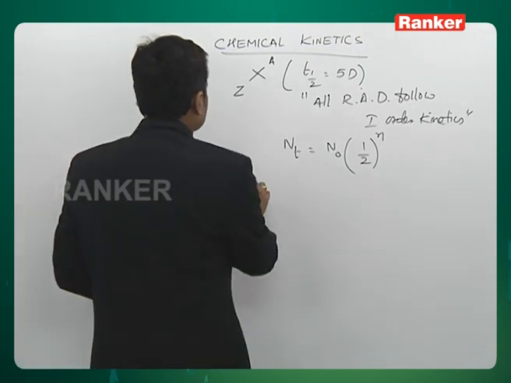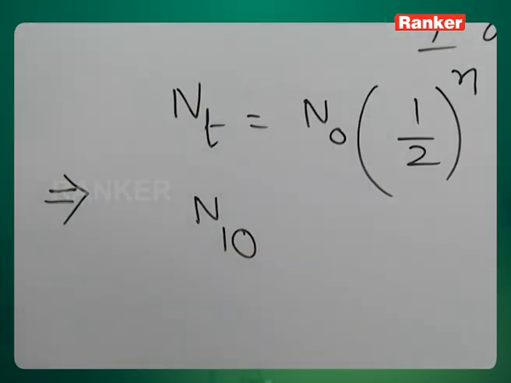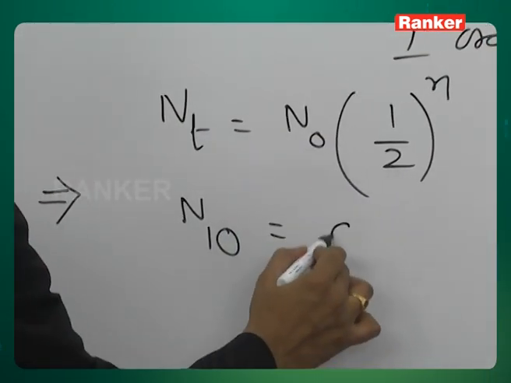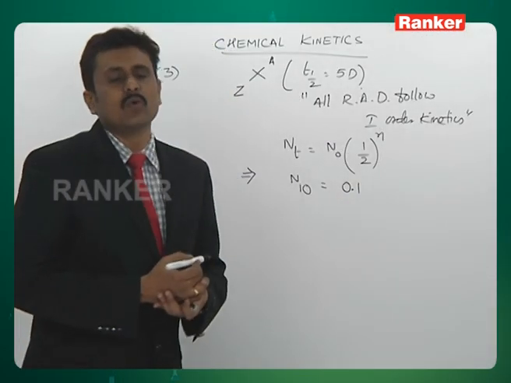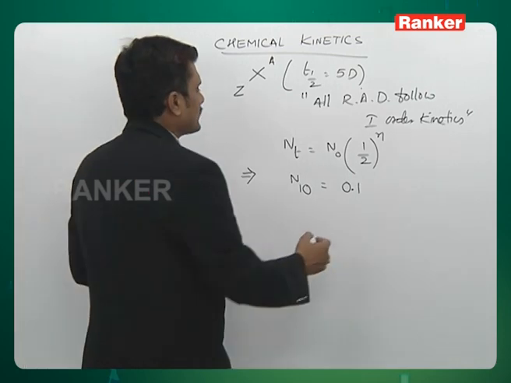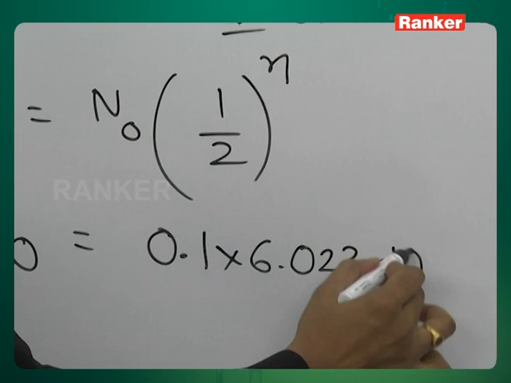So I am going to find out the number of nuclides remaining after 10 days, which is equal to the initial nuclides, which is given to us as 0.1 gram atom. I mean to say 0.1 mole, or 0.1 into Avogadro number many atoms, have been taken initially.